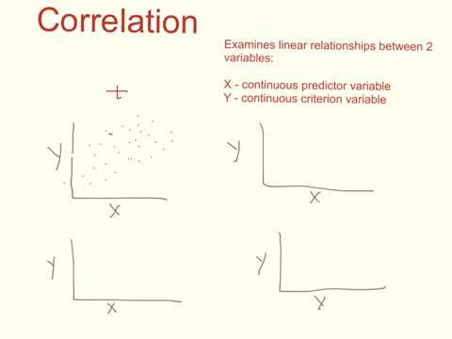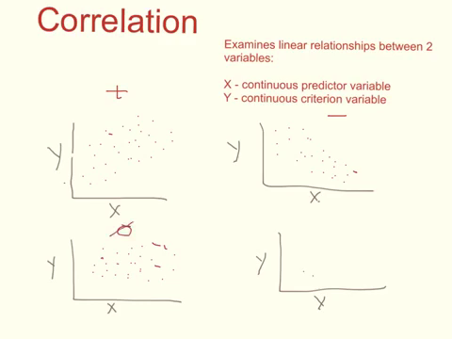We could have a negative relationship where you generally see a trend where as x increases, y is decreasing. You could have no relationship. So in no relationship, you just see a scatter of dots all over the place, but no upward or downward trend. So this would be no relationship.